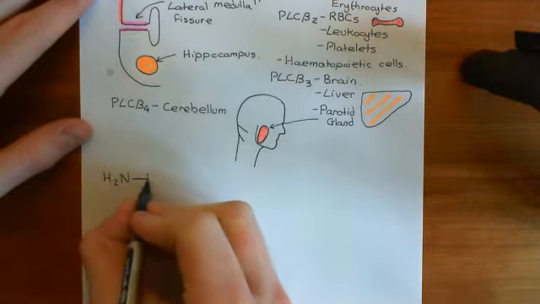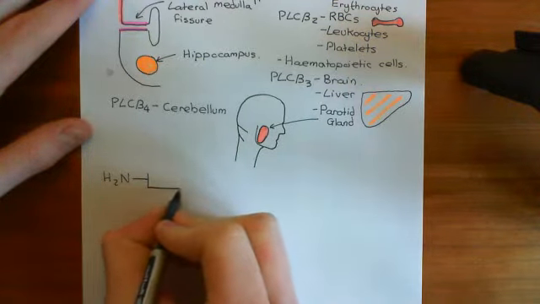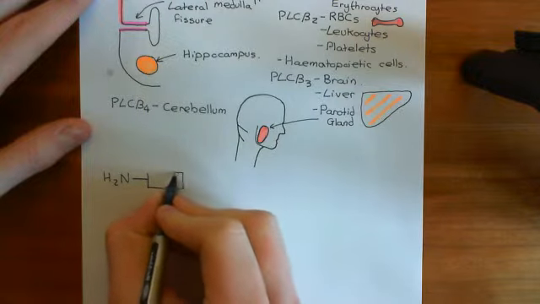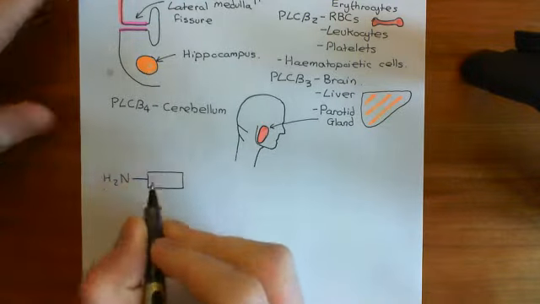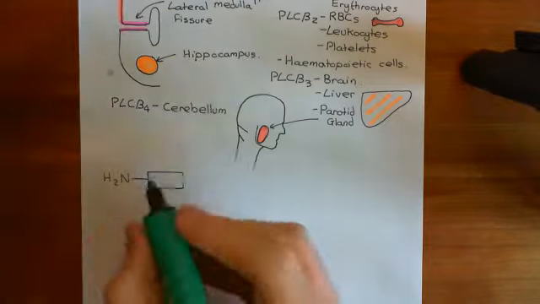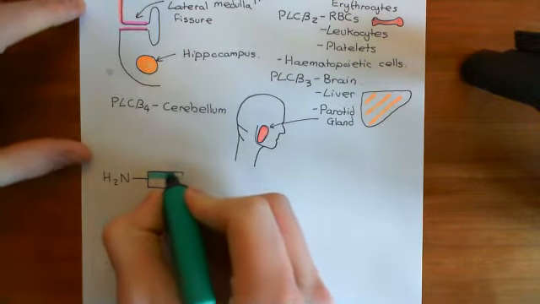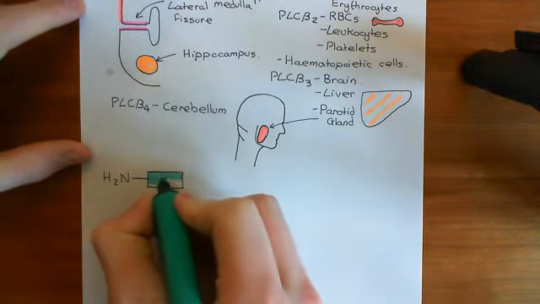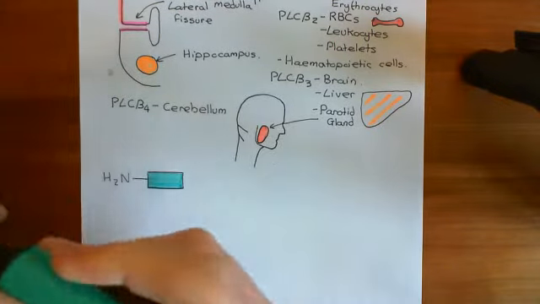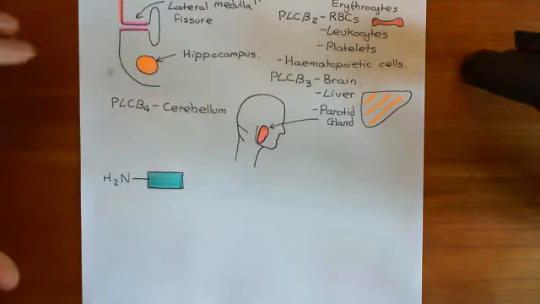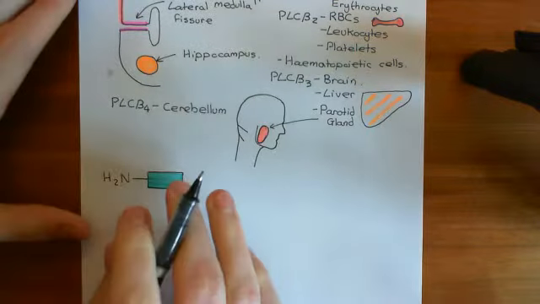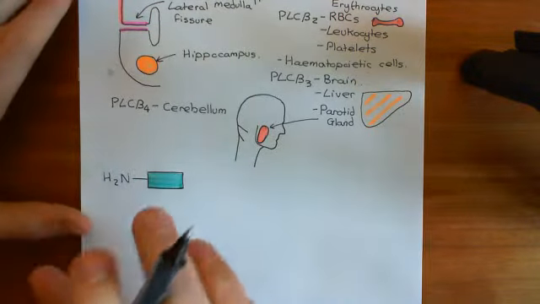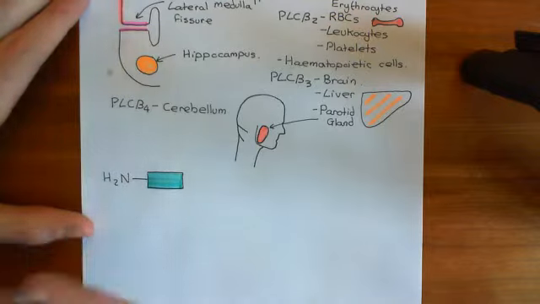Then the first important domain that you have is something known as a plextrin homology domain. This is going to be semi-important in binding phospholipase C beta enzymes to the phospholipid bilayer, well, to the underside of the phospholipid bilayer. It's not as important as it is in other phospholipase C enzyme types.